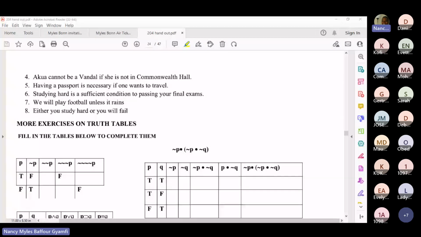De Morgan's law is what I represent. Now, suppose I said, if birds do not walk, then humans do not fly.